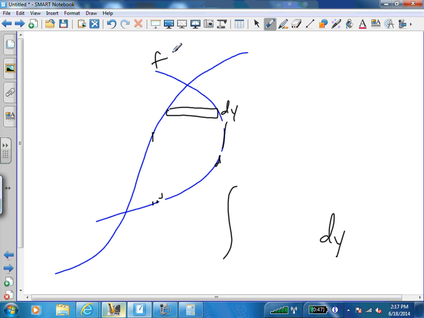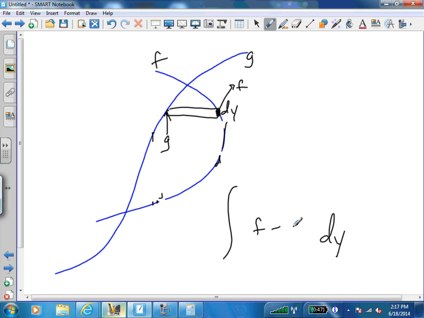Let's call this one F, this one G. So which one is going to come first, F or G? G. Right. This side is F, this side is G. So it's always the larger minus the smaller. The further to the right, the larger.